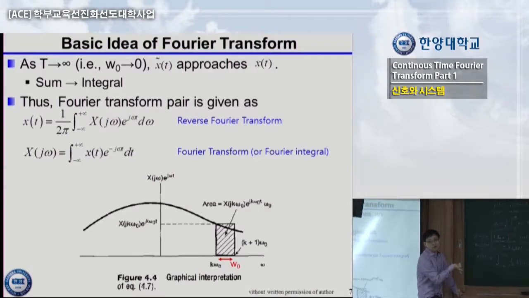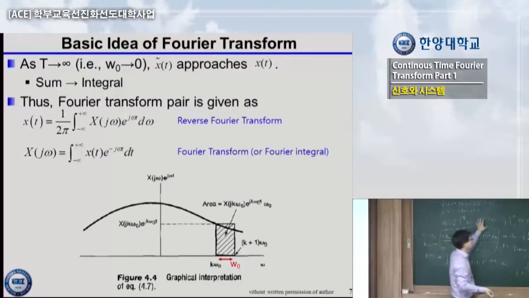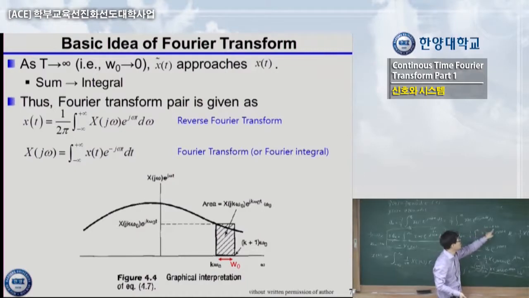Of course, I'm not sure if this is really the derivation. However, it gives you an idea that we're starting from a periodic signal, deriving our Fourier series coefficient, and then we select the period so that x tilde equals x. So we are switching to x, which is a non-periodic signal, and then doing some calculation using this logic: omega equals k omega 0, sampling by a period of omega 0.